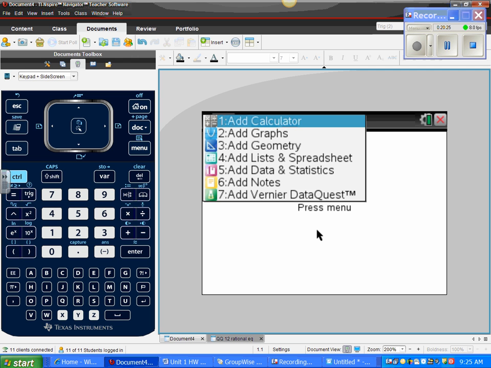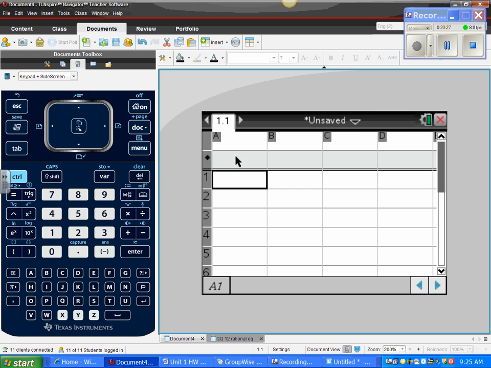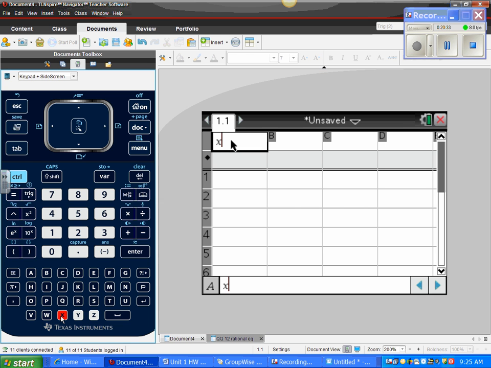List and spreadsheet. You want to put that table in first, right? What is the A column going to be called? X. Very good. And we're going to go right down to where cell 1 is. Don't type into that gray box. Okay, cell 1. And we're going to put in our info. Remember that each time you have to hit enter. If you don't hit enter after each data value, the calculator will not read it.